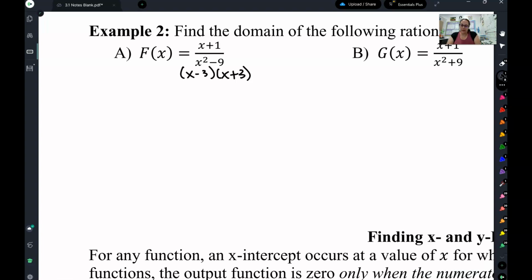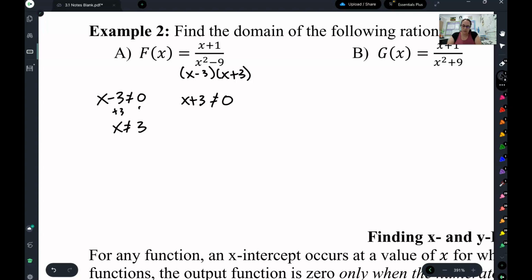So for my domain, I say those factors cannot be 0. Solve that out, and I get x cannot be 3, and x cannot be negative 3. So my domain needs to list all numbers except for 3 and negative 3.